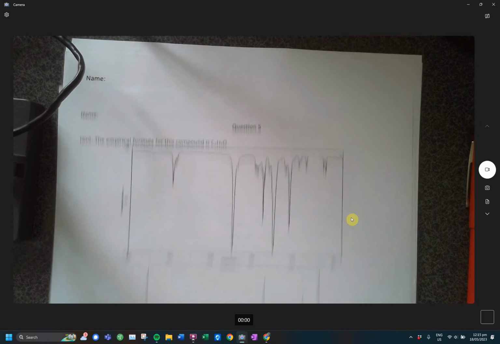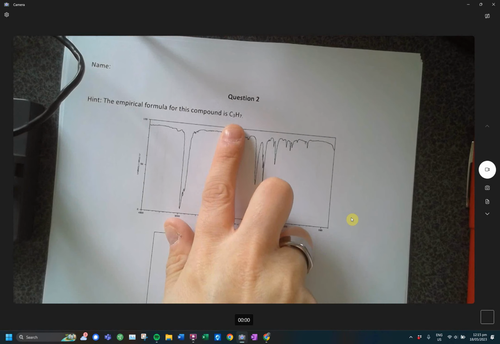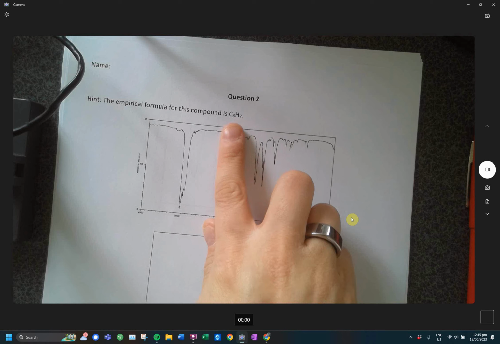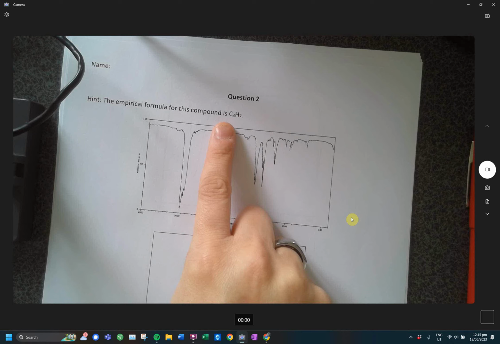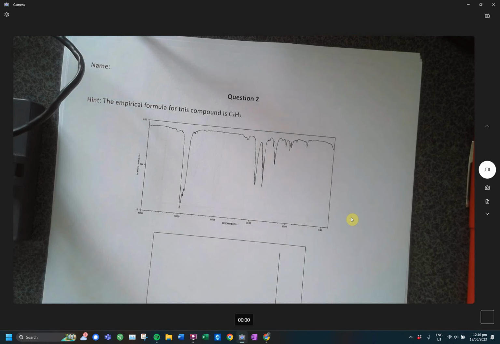Like this one here, I'm giving you a hint because we're looking to see if there's anything at 1700. We see that when I do the math calculation, the hydrogen number is not double. So this one's, I think, an alkane. That's what I've given you here.